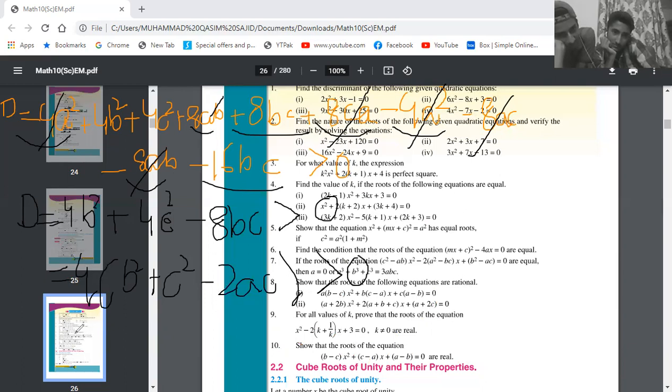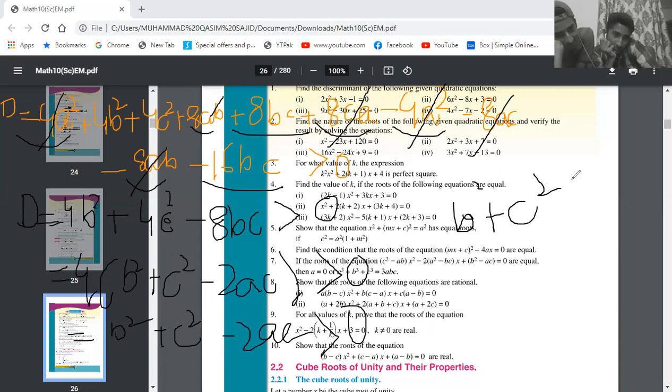So the discriminant must be b square plus c square minus 2bc is greater than 0. Sorry, this is bc, not ab. This is 2bc.